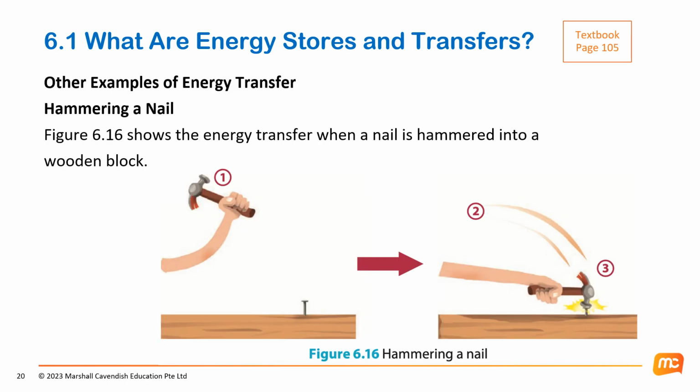Over here we have energy transfer when nails are hammered into a wooden block. This would be a mechanical transfer, because when the hammer hits the nail, it is exerting a force on the nail and the nail is moving. Afterwards, maybe the sound, that is transfer of energy through waves, a mechanical wave.